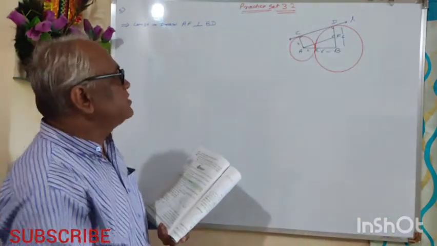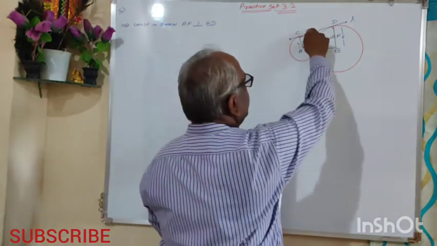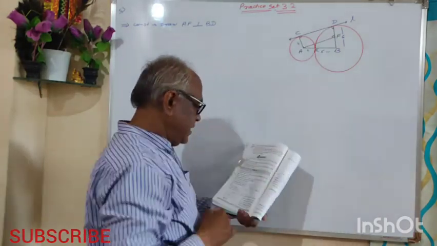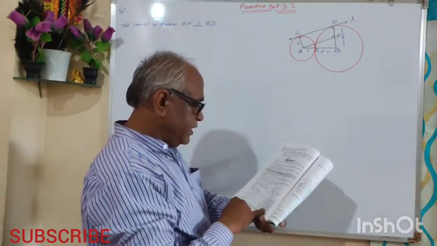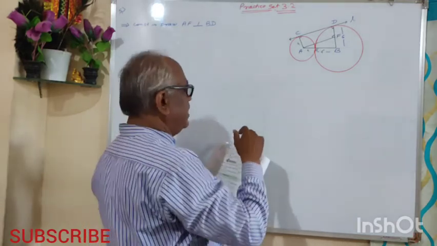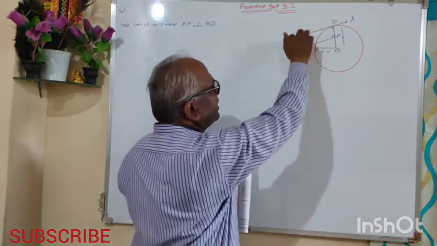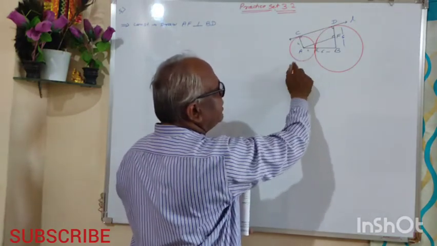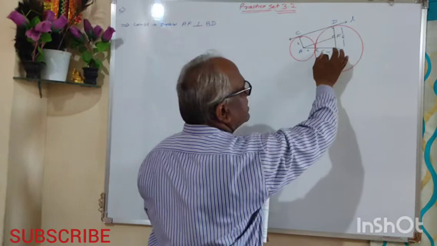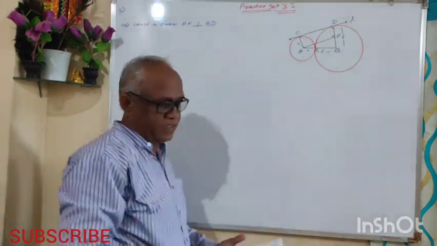Find the length CD. The radii of the circles are 4 centimeter and 6 centimeter. For the smaller circle radius I have taken 4 centimeter, for the bigger circle radius 6 centimeter.